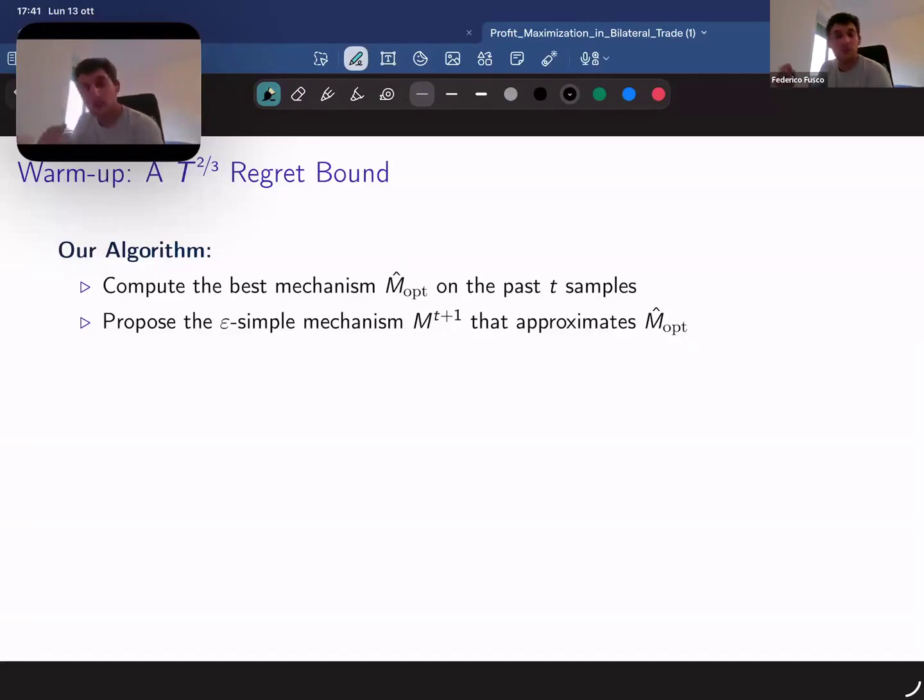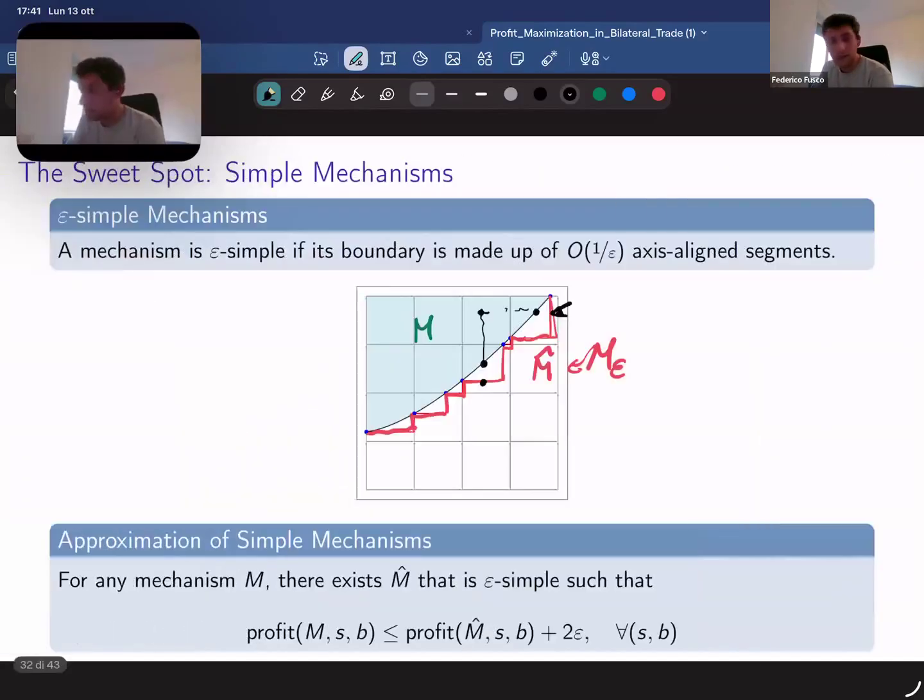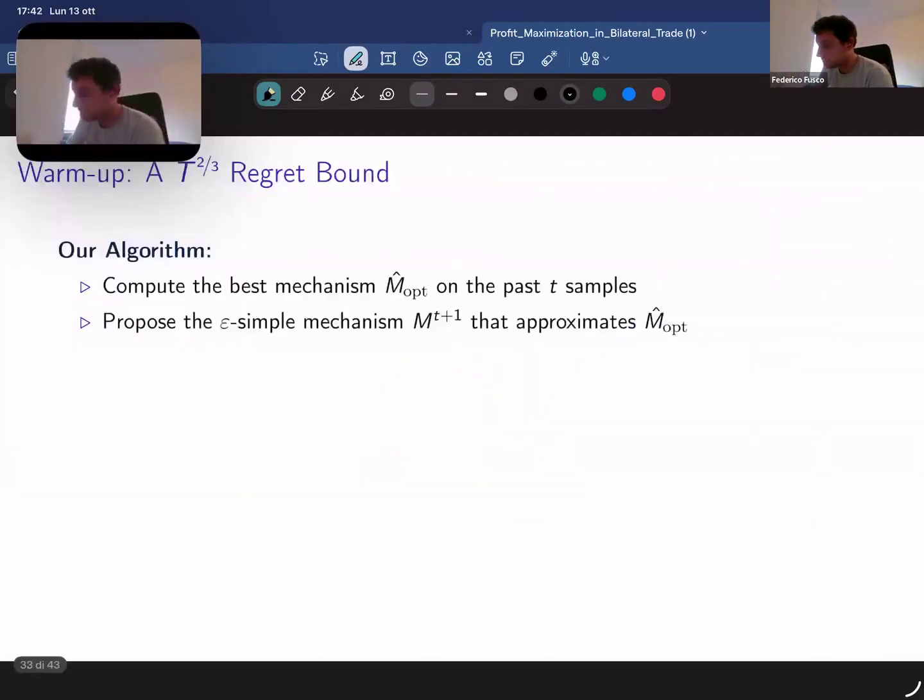But then, to avoid overfitting, since we know that we do not have uniform convergence, we propose a mechanism that is epsilon simple, that approximates the empirical maximizer. And this mechanism will just be, let's say, the doppelganger of the mechanism that lives in the order of 1 over epsilon t grid.